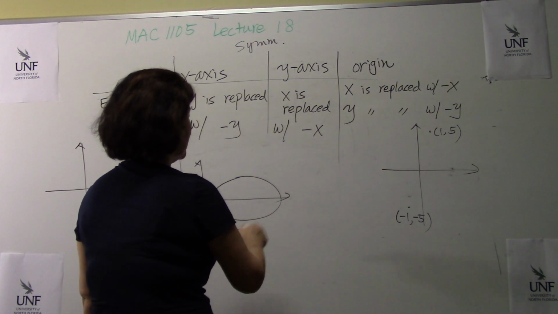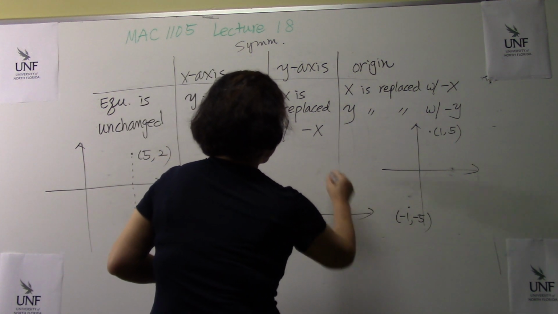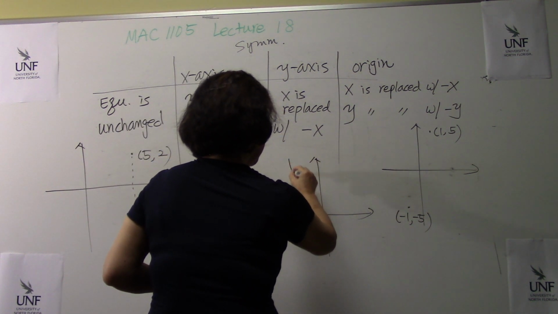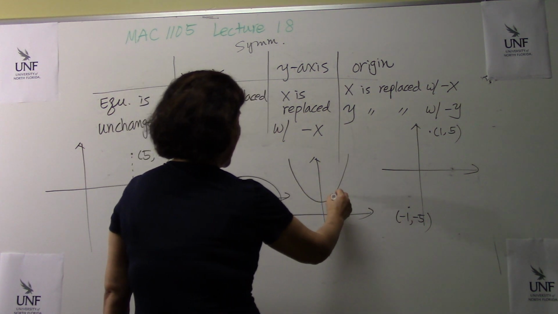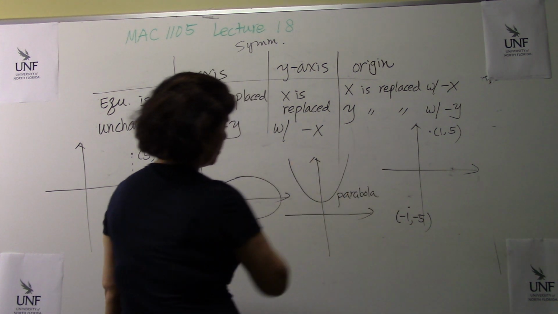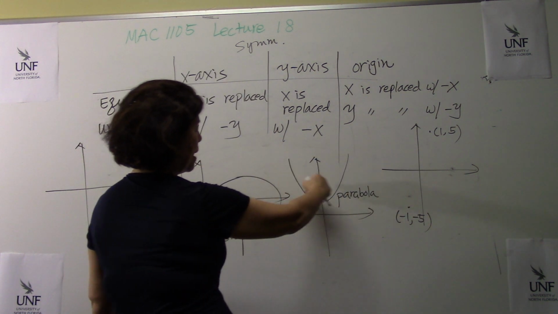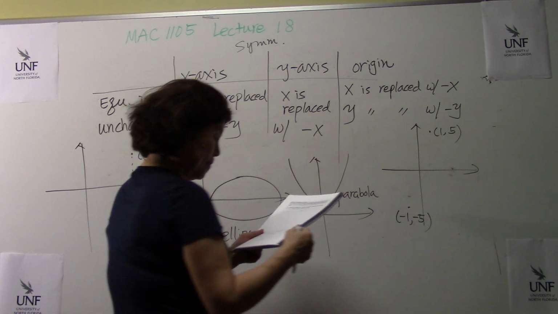Yes, we call it an ellipse. Well, the y-axis, it's coming next section or next lecture, we call it a parabola. This one has a symmetry about the y-axis.